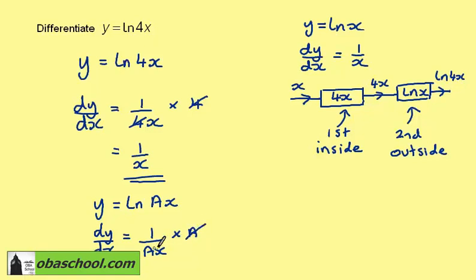We can see here the a's cancel, leaving us with 1 over x. So if we differentiate anything of the form ln ax, such as ln 4x above, ln 10x, etc., it always comes to 1 over x when we differentiate.